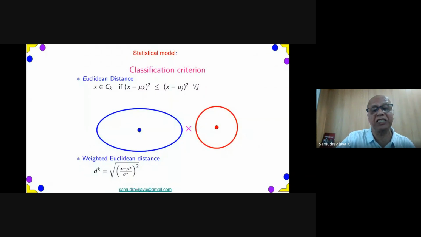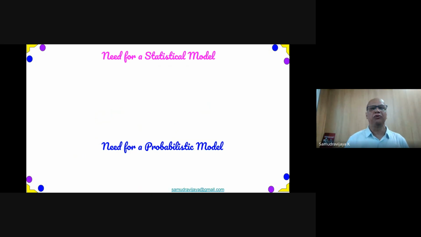If you consider only the mean, we will say that this data point belongs to the red vowel. Whereas if you consider that this standard deviation is very high, you can use a weighted Euclidean distance, and in that case, this data point actually belongs to the blue vowel. So you can use statistical models to find out which vowel or sound a test data point belongs to.